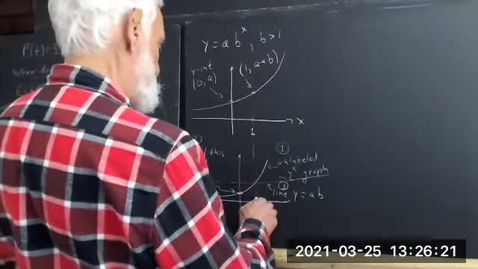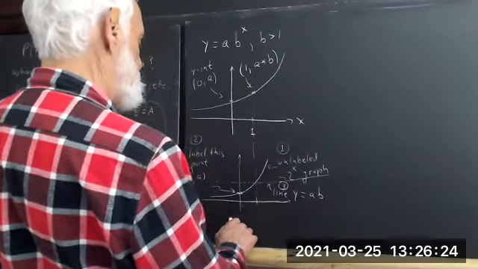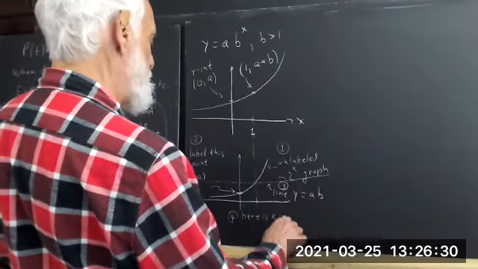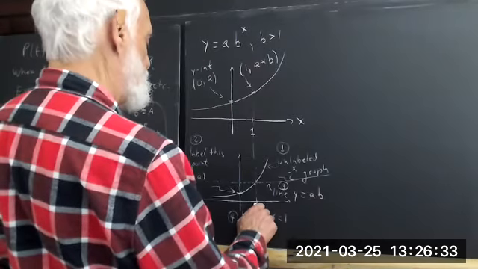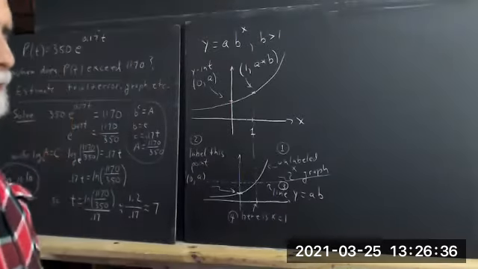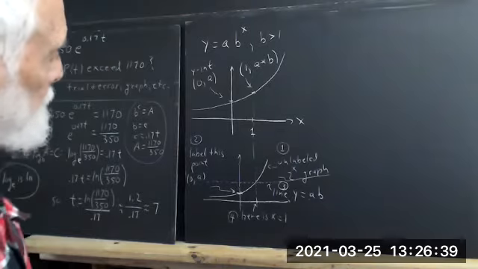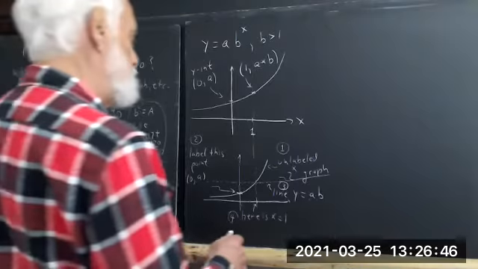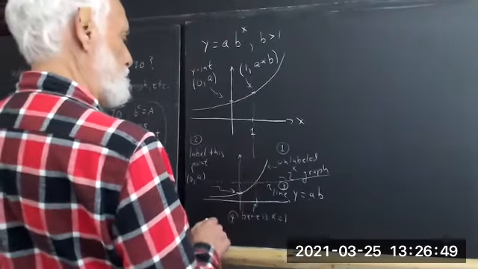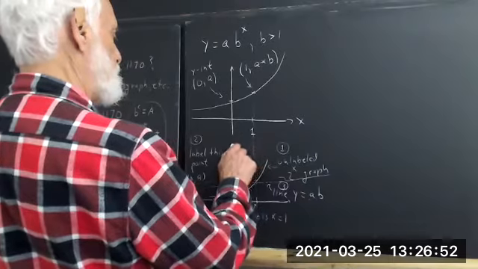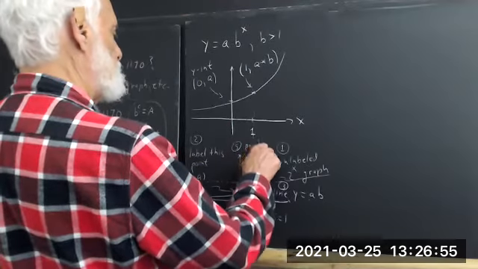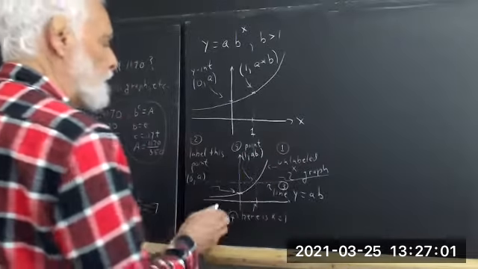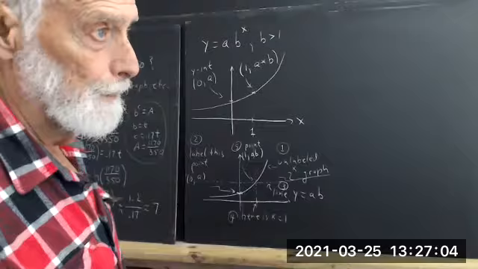Then here is x equals 1, so that this point is going to be (1, a times b).